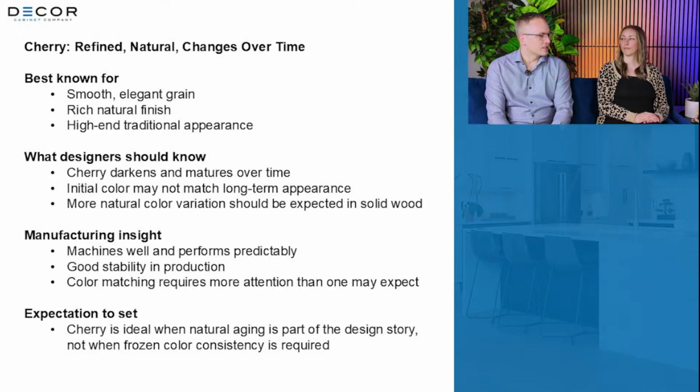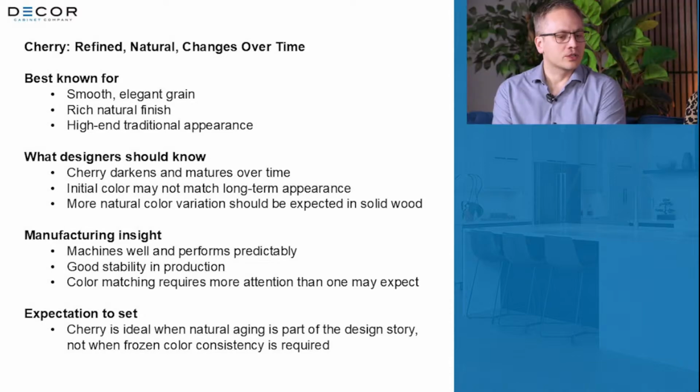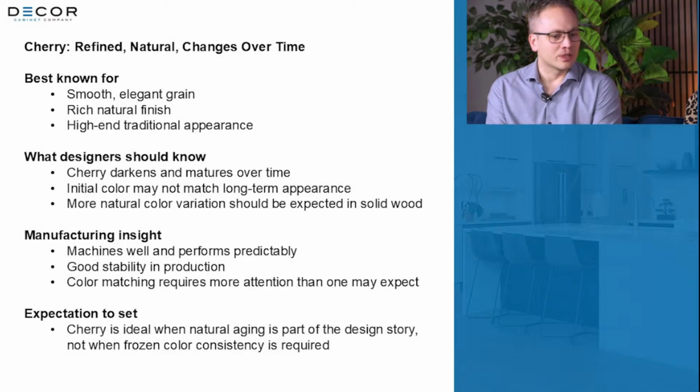But cherry darkens over time, so the wood darkens when exposed to light. That's something to keep in mind, that the finish of the kitchen might change slightly with time. In production, the machines perform really good, good stability, but color matching is a little bit trickier with cherry. You have to pay more attention.